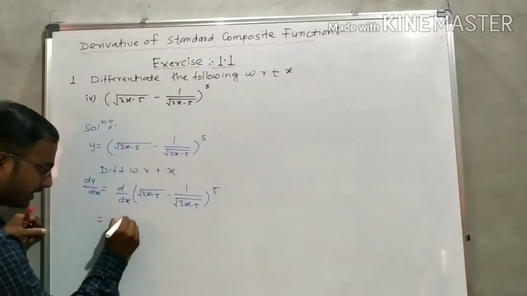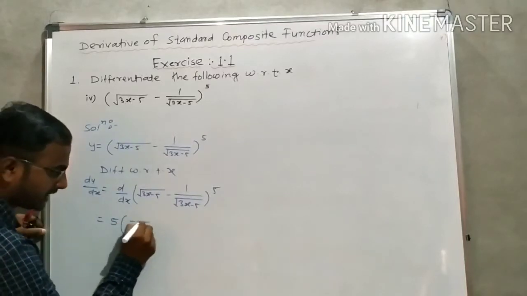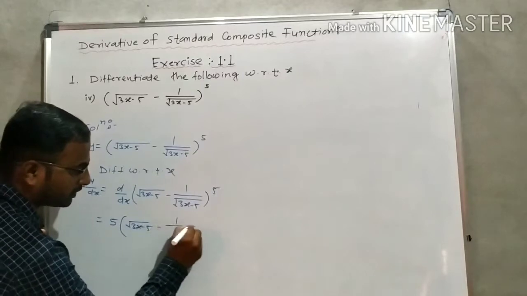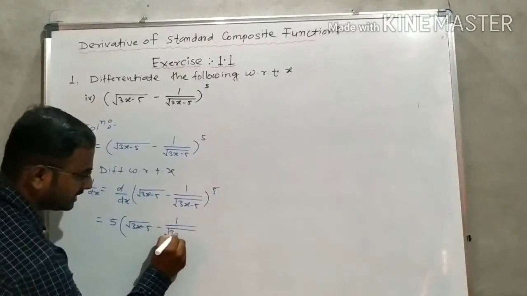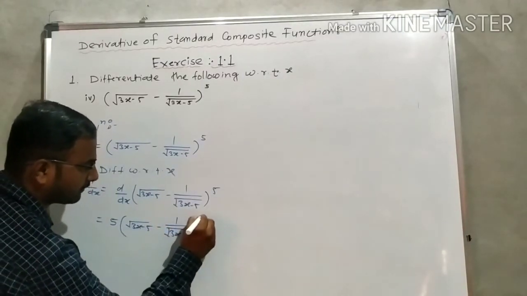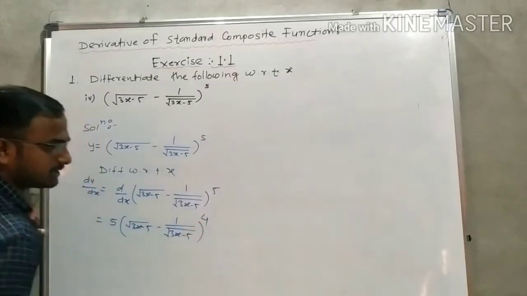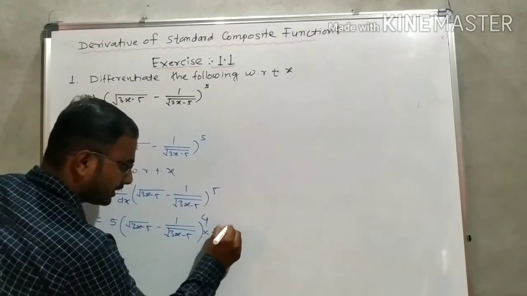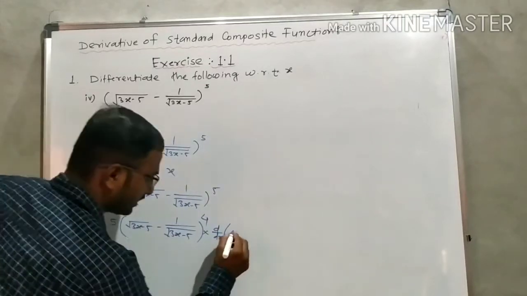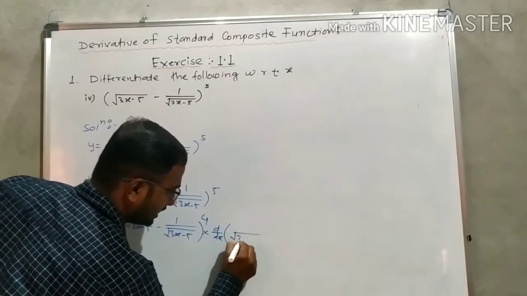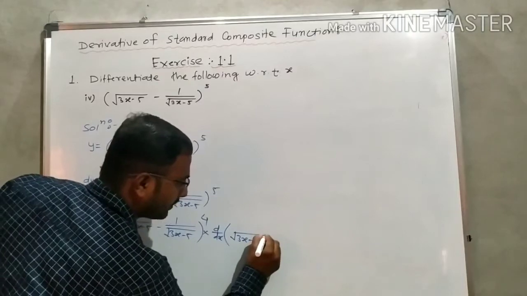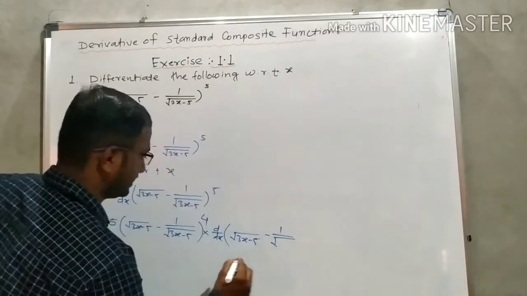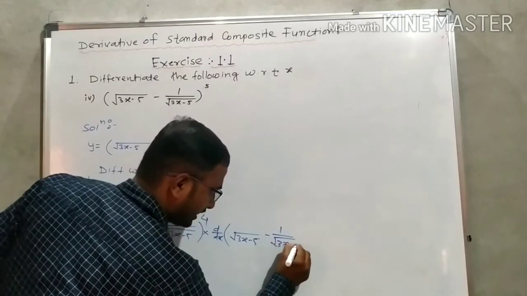5 into f of x, so f of x is square root of 3x minus 5 minus 1 upon square root of 3x minus 5, to the power 5 minus 1. 5 minus 1 is 4, into the derivative of square root of 3x minus 5 minus 1 upon square root of 3x minus 5.